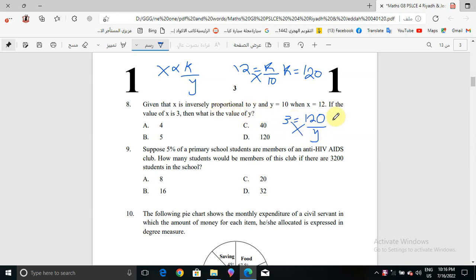Then crisscross, you will get 3y is equal to 120. Then divide both sides by 3. Then you will get the final answer, it will be 40. So that means our answer we will get in choice C. That means choice C is the correct answer for question number 8.